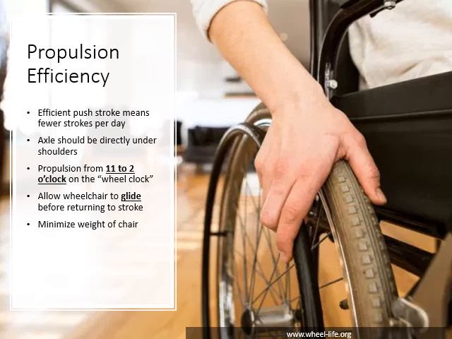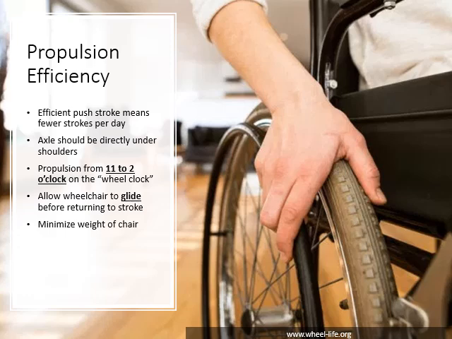The axle of the wheelchair should be directly under the shoulders so that when they reach back, when they extend their shoulders, the hand is at the 11 o'clock position. If we imagine the rear wheel as a clock with 12 o'clock directly underneath the client's shoulder, if they extend their shoulder and position their hand at 11 o'clock, and push all the way through 2 o'clock on the wheel clock, that is what an efficient stroke is.